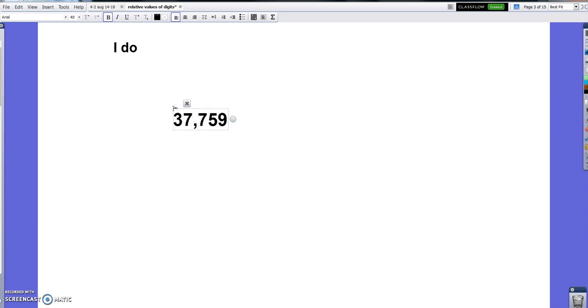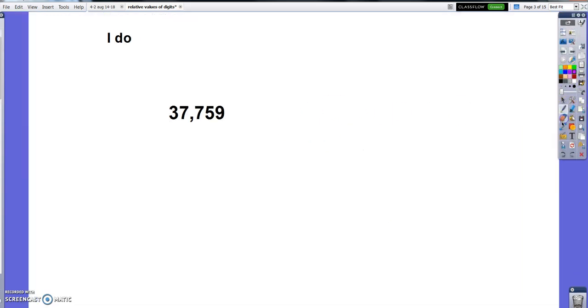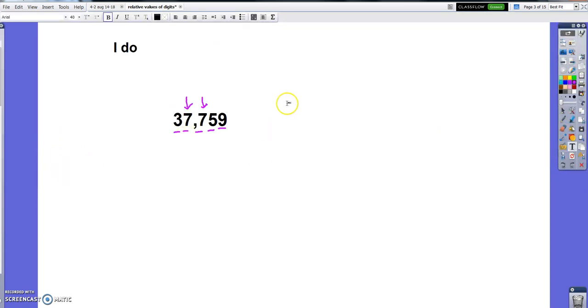That number has two sevens in it. Remember, this is a number, and each of these is a digit, just as a quick reminder. There's a 7 in the thousands place and there's a 7 in the hundreds place. And the question I want you to be able to answer with this relative value of digits is this.